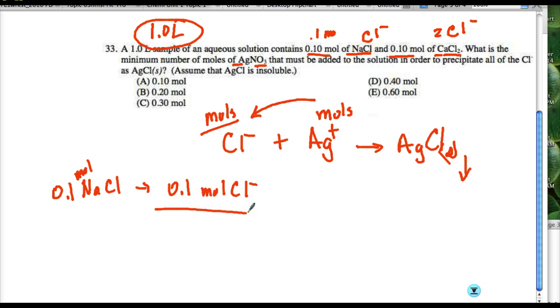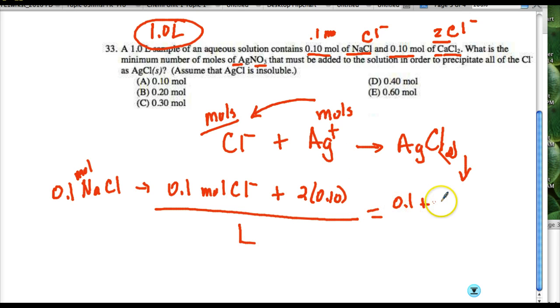And then, plus, from this 0.1 mole of the calcium chloride, I'm going to get 2 moles for every one of those. So that's going to be 2 times the 0.1 moles. And all of this is in a liter of solution, right? So that's going to give me 0.1 moles plus 0.2 moles to get the 0.3 moles.